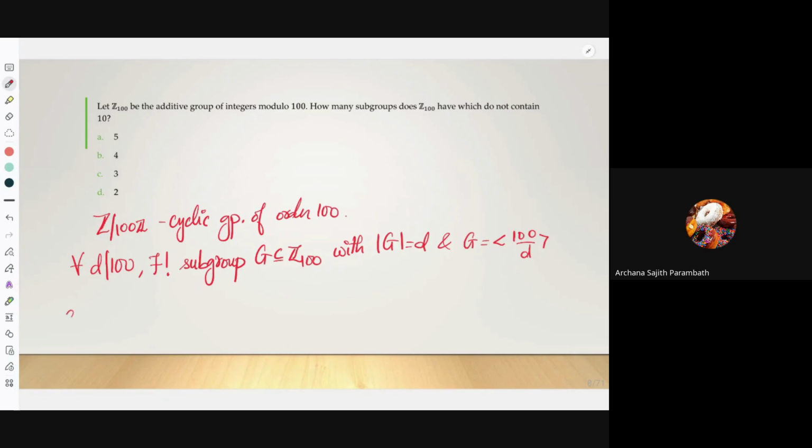You can actually look at this. If you take d equals 2, you get the subgroup G to be {0, 50}. 50 is 100 by 2 and it has order 2. So this would be the subgroup of order 2. And here we already have that this doesn't contain 10.